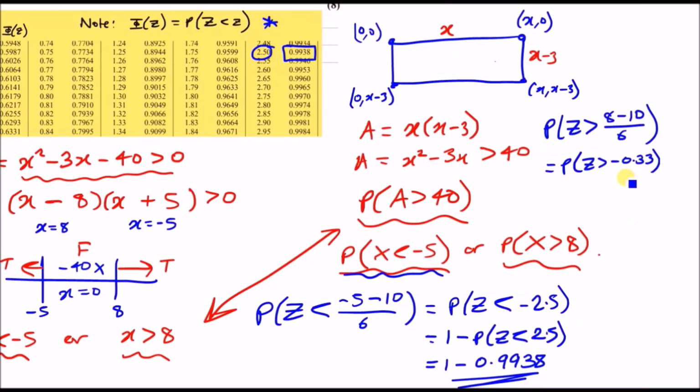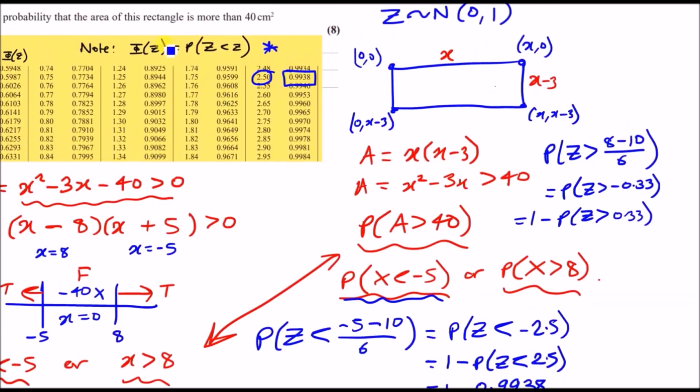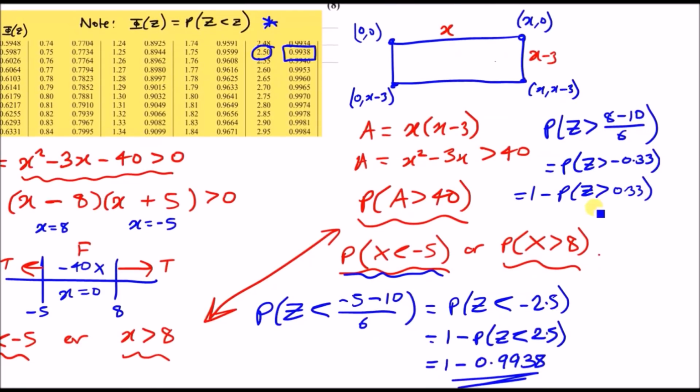Now, once again, you got negative, so whip it out. So it's going to be 1 minus the probability z is bigger than minus 0.33, plus 0.33, because you took out the negative. However, you're going to notice now that this table only looks at less than values, yeah? So to flip this to a less than, you got 1 minus itself, because remember, it's looking at all the values bigger than 0.33, meaning the other side will be the remainder, 1 minus the rest.